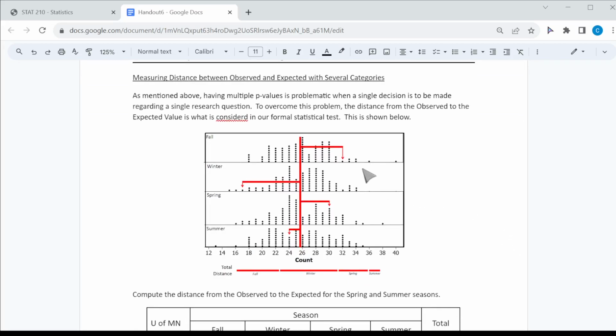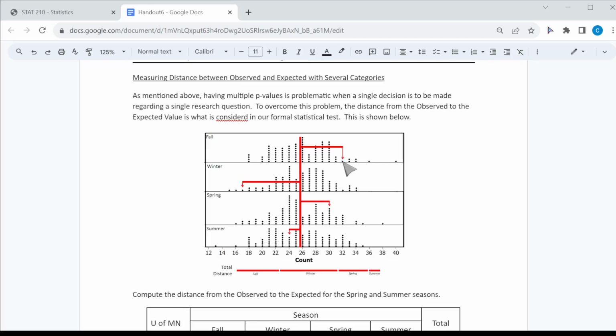So what are we going to do instead? This is what Carl Pearson came up with for the chi-square test: instead of trying to gauge the degree to which I'm an outlier in each graph, what we're going to do is just measure how far I am away from the expected. Okay, so I was at 32 for fall, right?